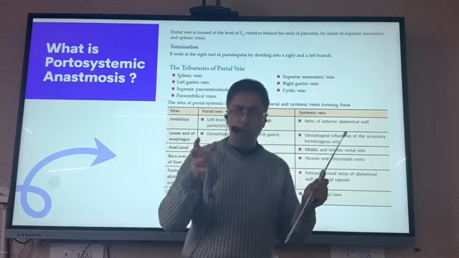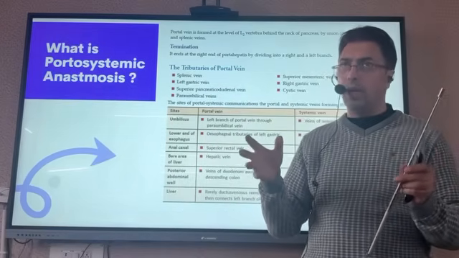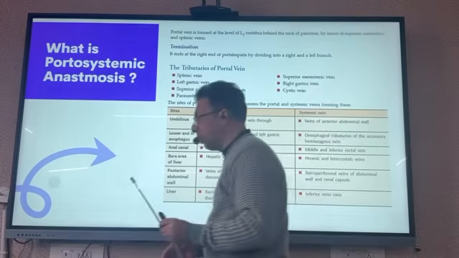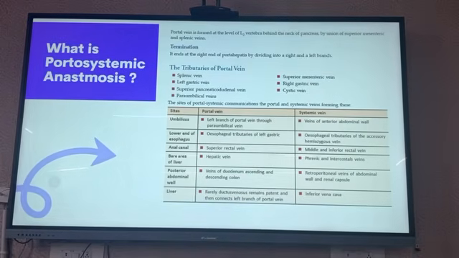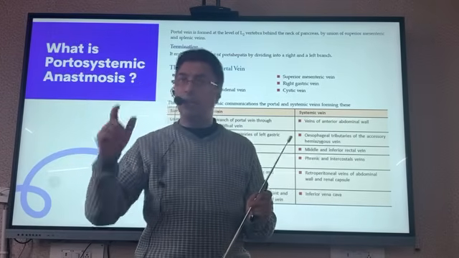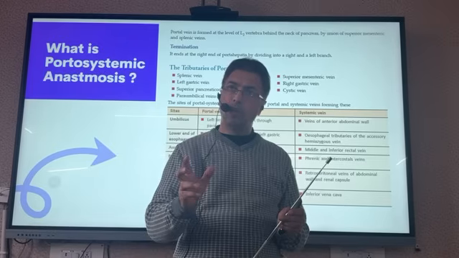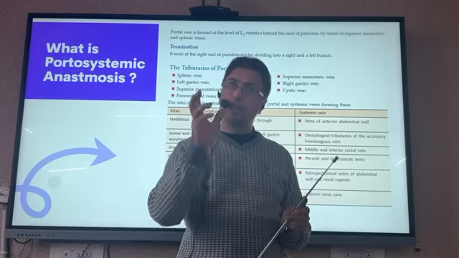So in portal venous hypertension, there can be bleeding through the rectum and anal canal, and the bleeding from the distal end again can be a sign of portal venous hypertension.